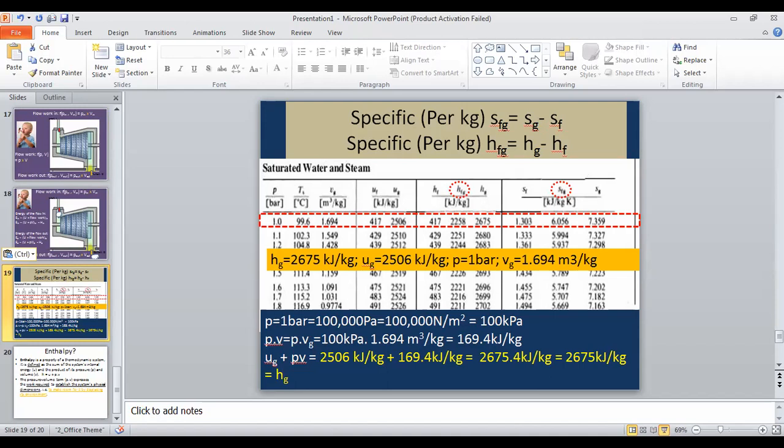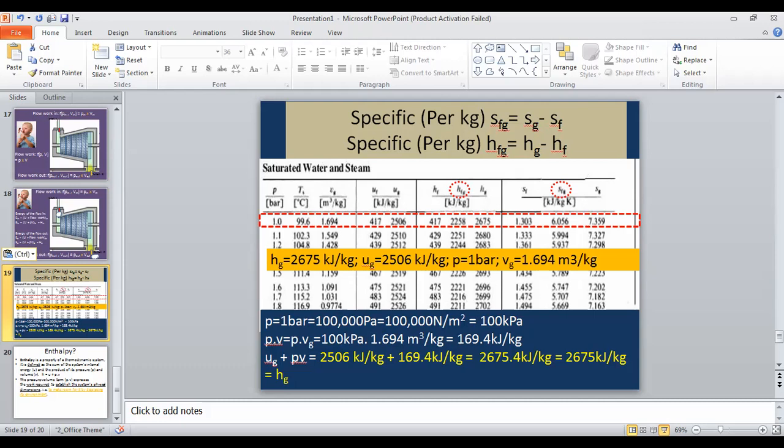So this is the total energy of flowing fluid. Thermal energy, total thermal energy. That is part of the thermal energy: one part is the internal energy, plus the other is the energy for the flow work.